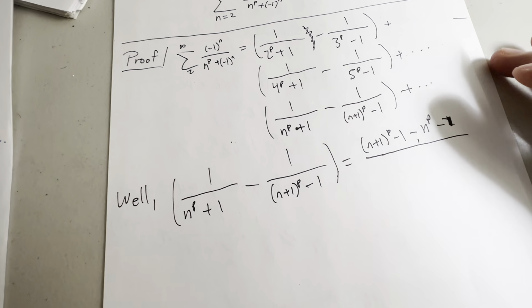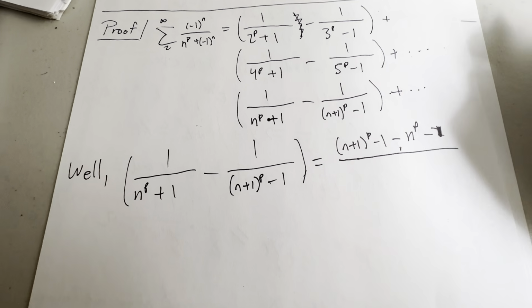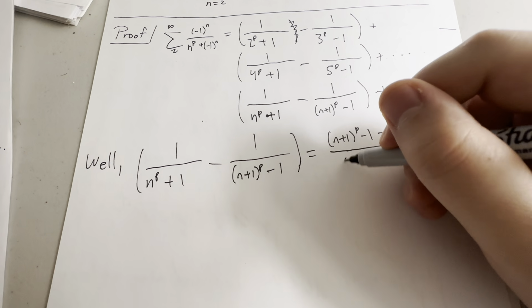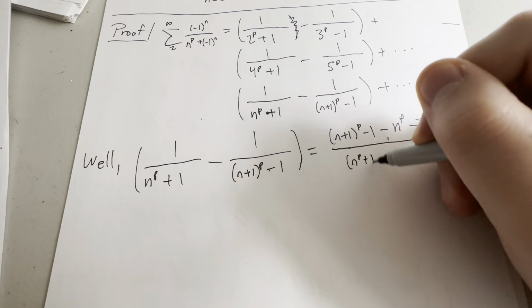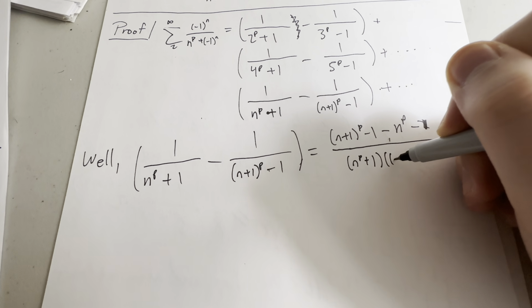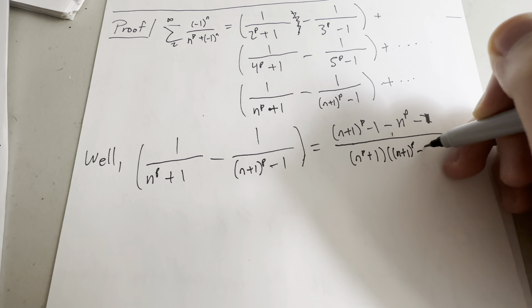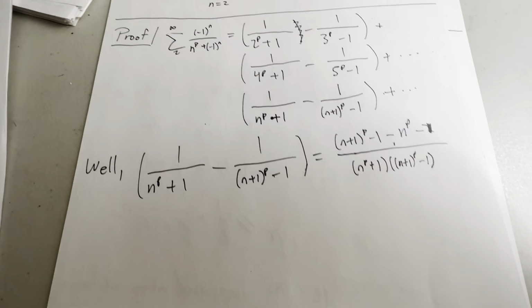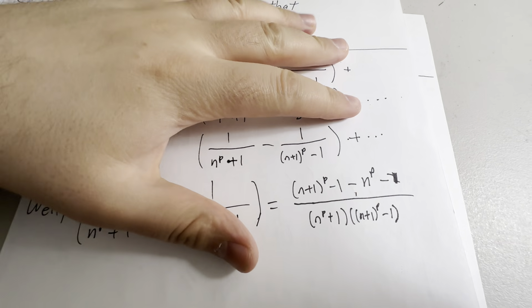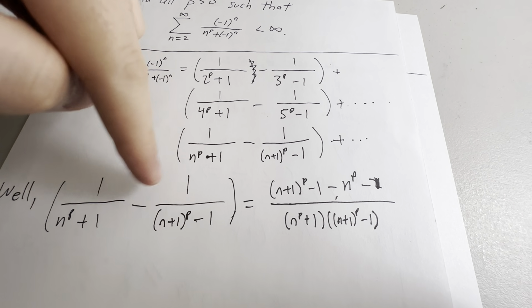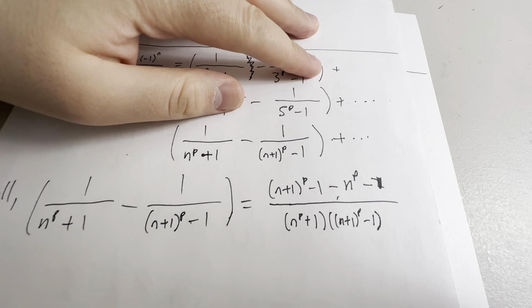I skipped a step in my head. So I have that, and then on the bottom, we'll have n to the p plus 1 times (n plus 1) to the p minus 1. So all I did was establish common denominators and added them together.